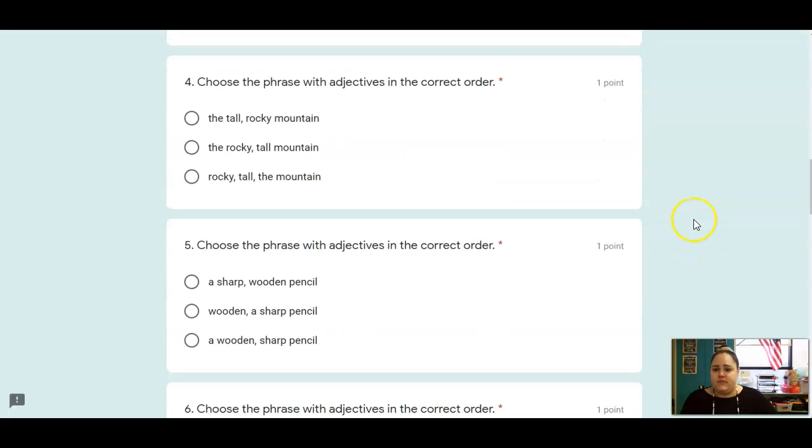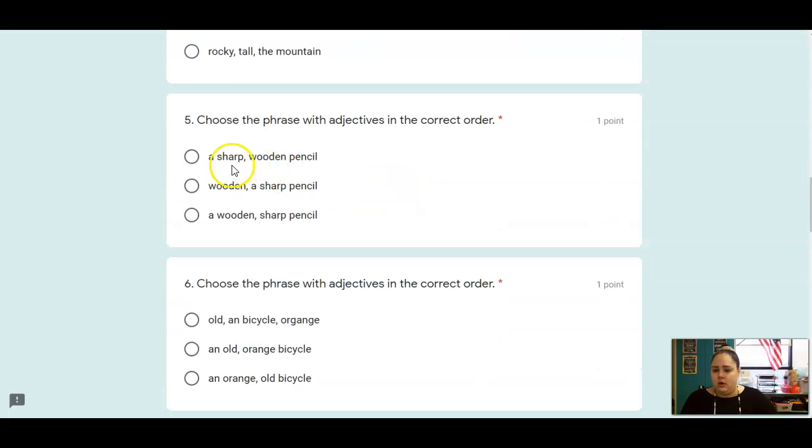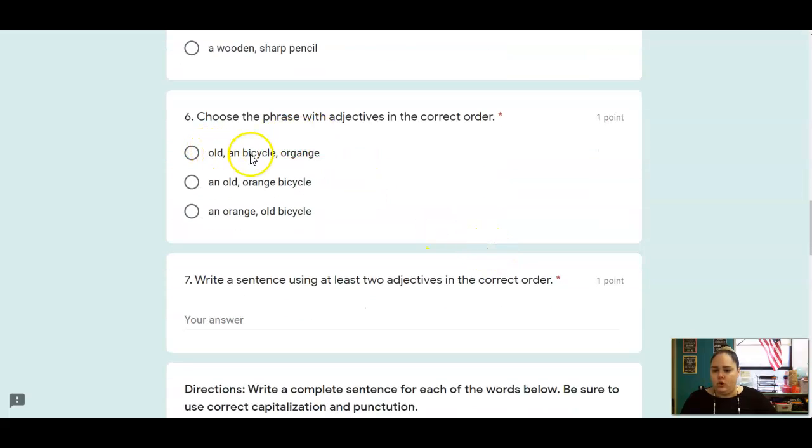Okay, and now for the rest of these, you're going to choose the phrase that uses the adjectives in the correct order. So we've got the tall Rocky Mountain, the Rocky Tall Mountain, Rocky Tall the Mountain, a sharp wooden pencil, wooden a sharp pencil, a wooden sharp pencil. A bicycle orange, that should say orange.